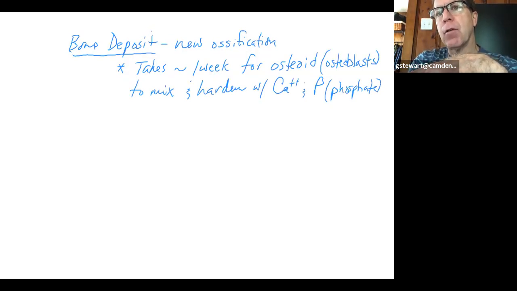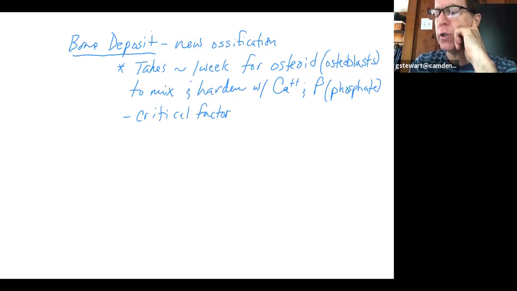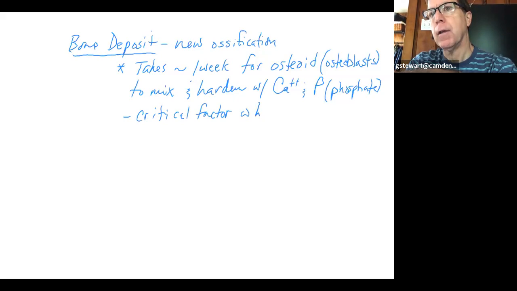Here's what happens. The critical factor, what we think as scientists, in actually causing new bone tissue to harden is when the concentration, and if you can't read this, just ask me, I don't mind.